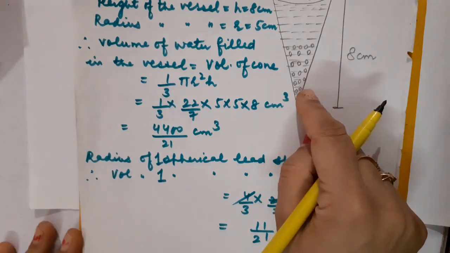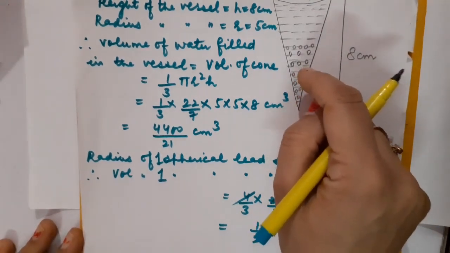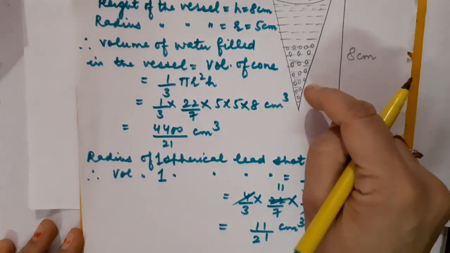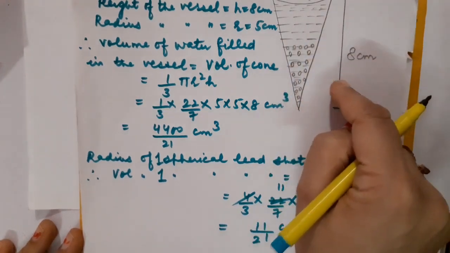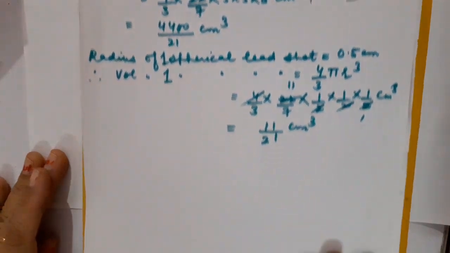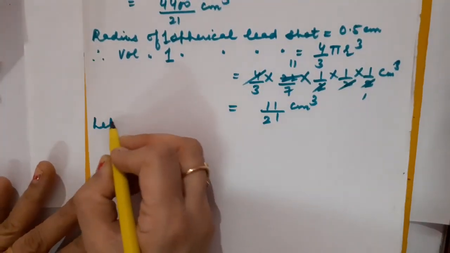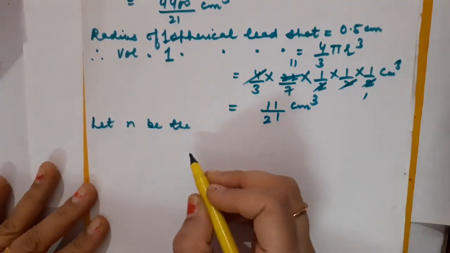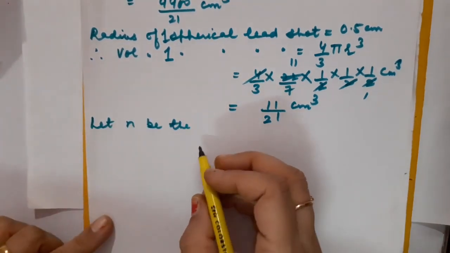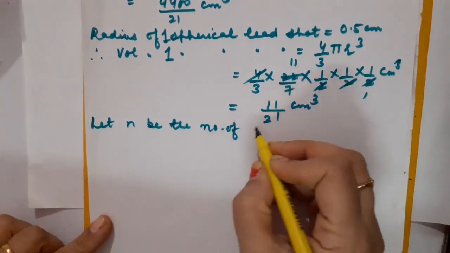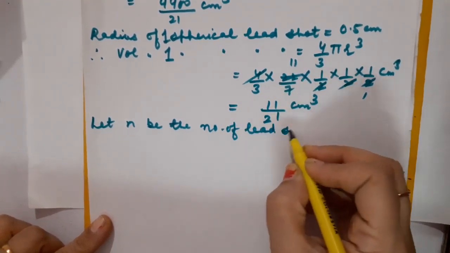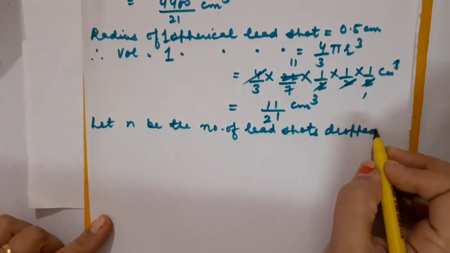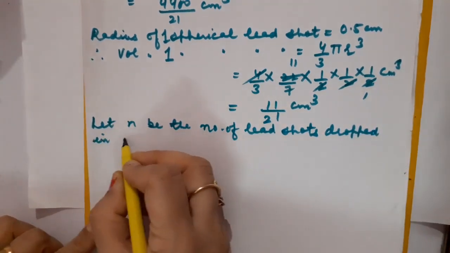Now children, we are going to calculate the number of lead shots which are dropped in the vessel. I repeat, when the lead shots were dropped in the inverted cone, at that time 1/4 of the water flows out. So we can write that let N be the number of lead shots dropped in the vessel.